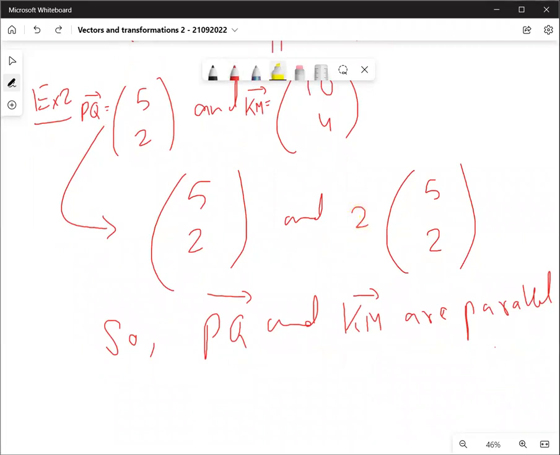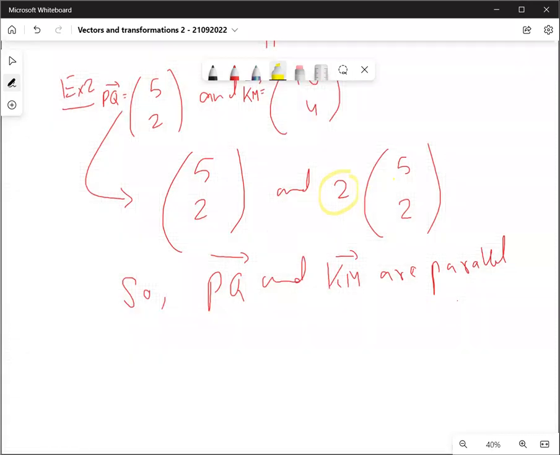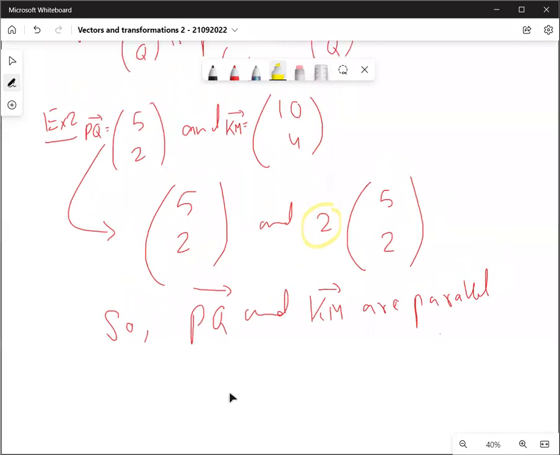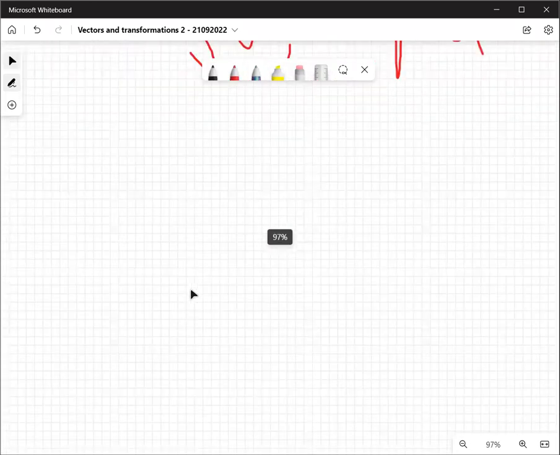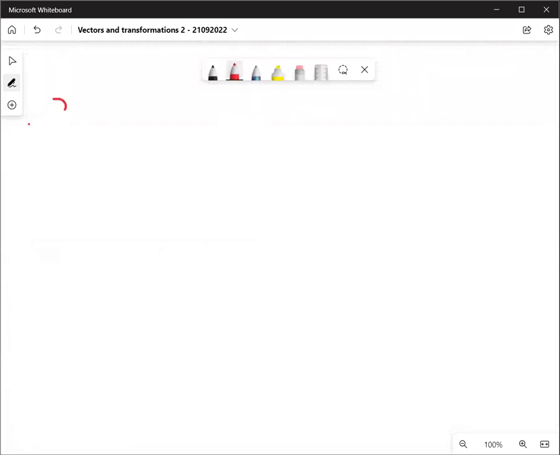In this case, it was pretty easy. I could look, okay, 10 is twice, fine. I can make a factor. So in the same way, let's say I have another example, example 2.